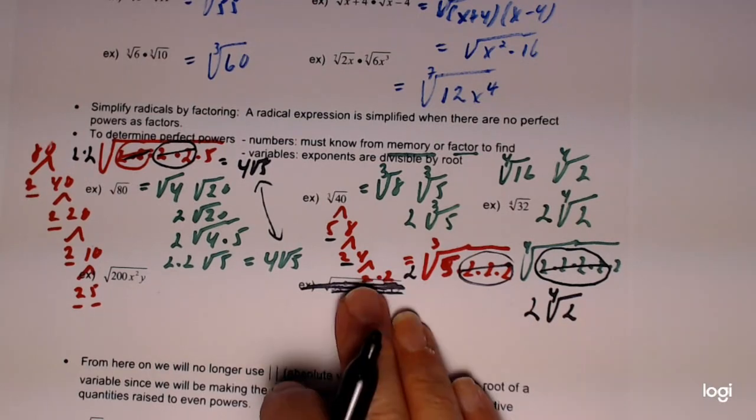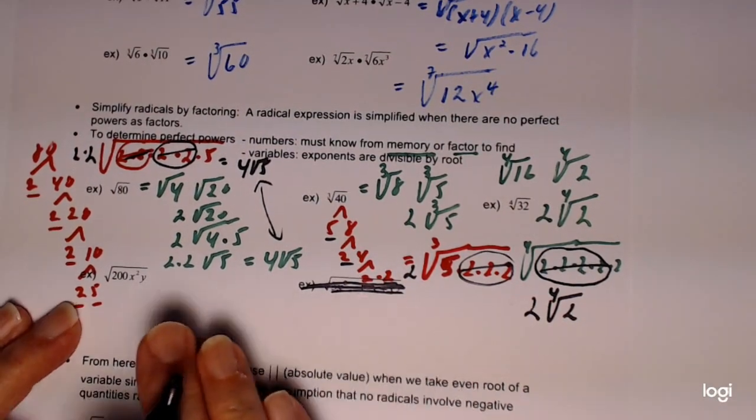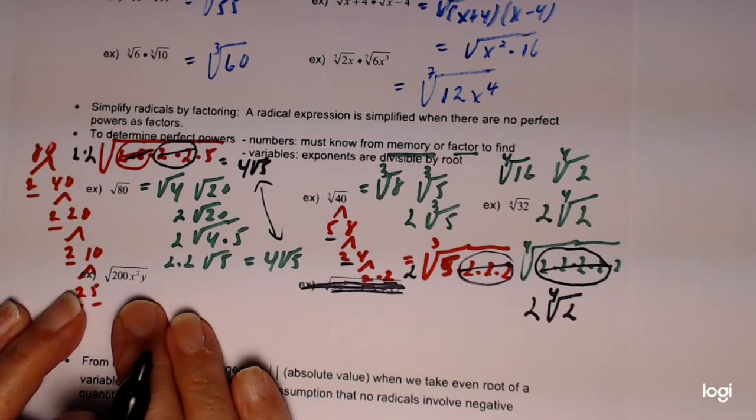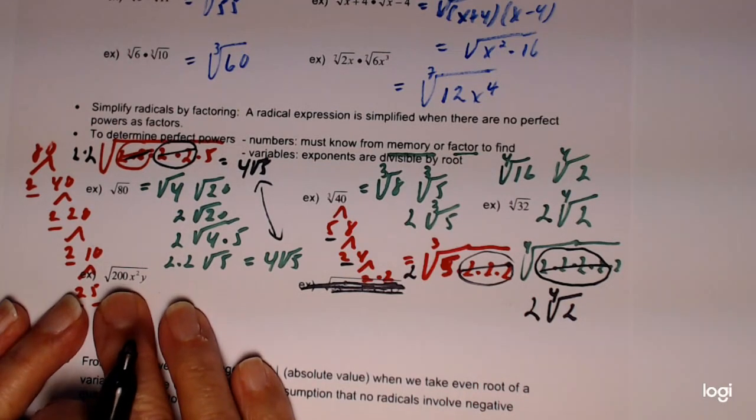Okay, this will be the last example of this type. So here we have now introduced variables. So we're going to have to consider not just the number 200, but the variables. So 200, well, we can think of 200 as 2 times 100.